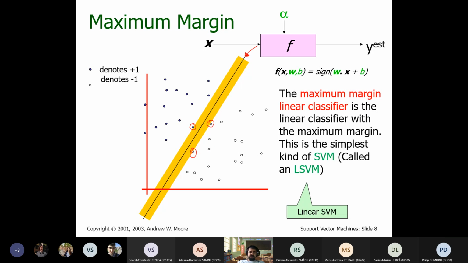And this distance is defined by this margin. That is the distance that the classifier can be extended before hitting a data point. And again, this is an SVM, linear SVM.